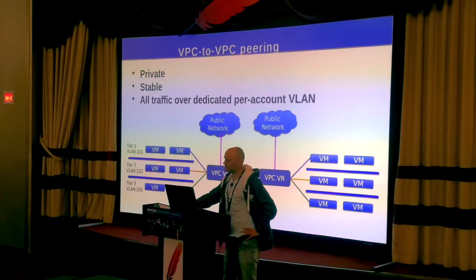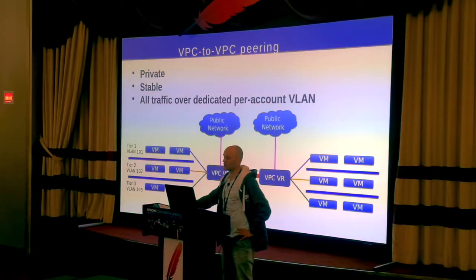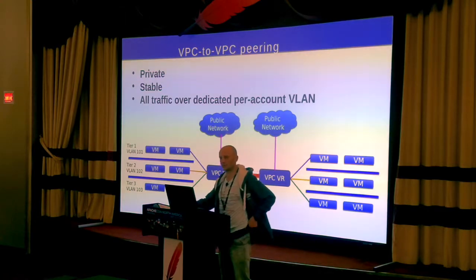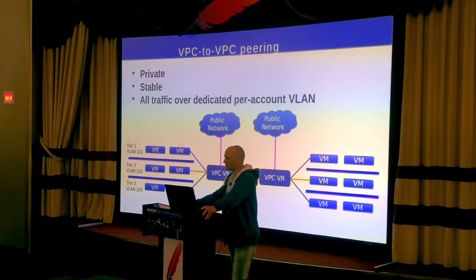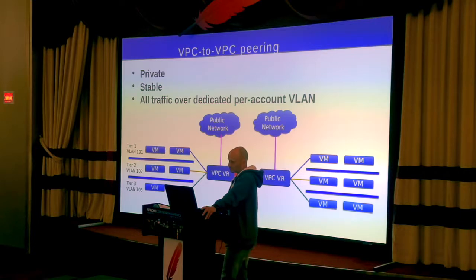You can also set up private gateways to peer two VPCs to each other that are, for example, in 2 different regions, where they need a private connection as an alternative to VPN. And it needs to be a stable, dedicated connection, and where traffic is also routed over a dedicated per account VLAN.